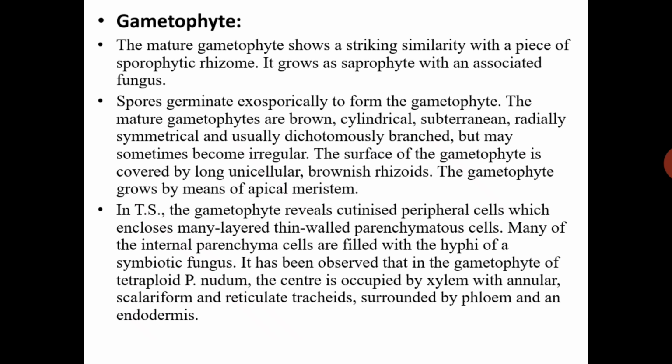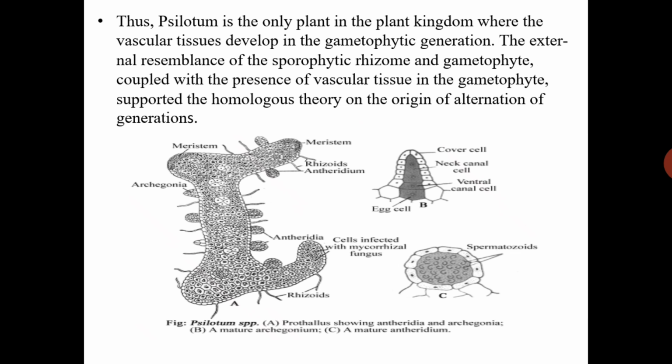It has been observed that in the gametophyte of the tetraploid Psilotum nudum species, the center is occupied by xylem with annular, scalariform and reticulate tracheids surrounded by phloem and an endodermis. So this is the diagram of a gametophyte prothallus showing antheridia and archegonia.